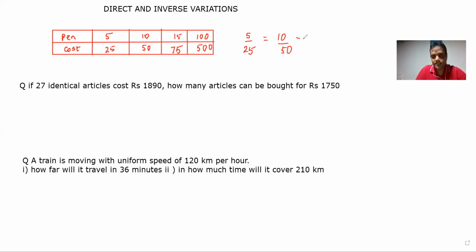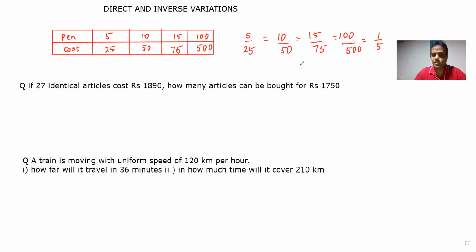This is same as 15 upon 75. And this is same as 100 upon 500. If you make it in the simplest form, this is nothing but 1 upon 5 in each case. Since the ratio is same, it is in direct relationship. It is a direct variation.